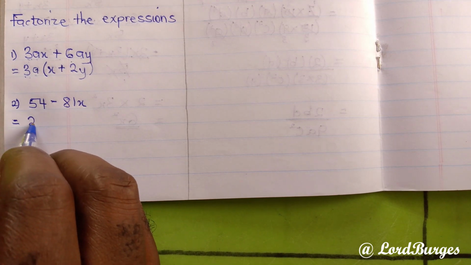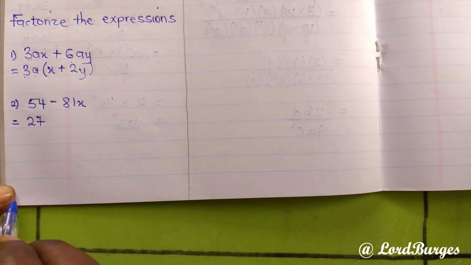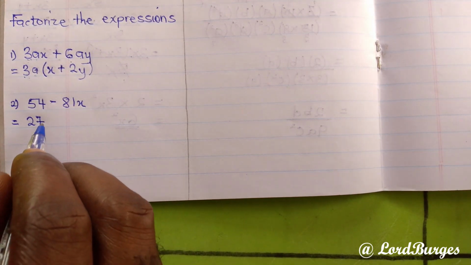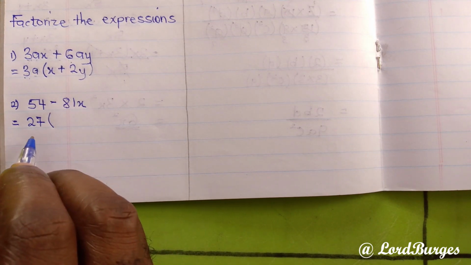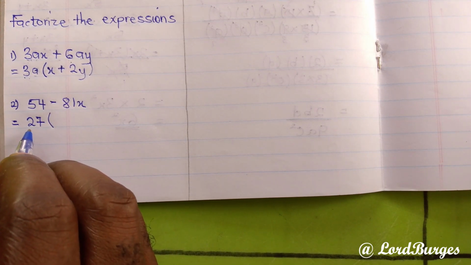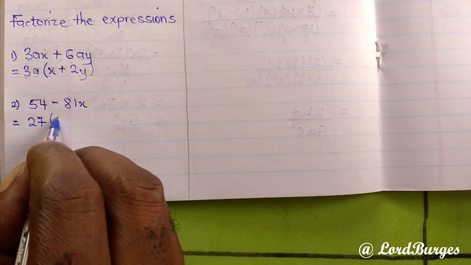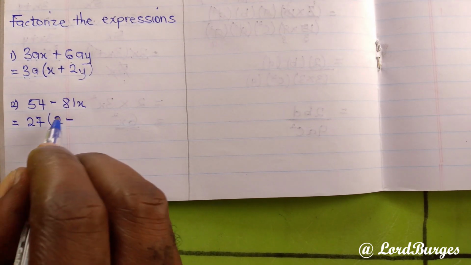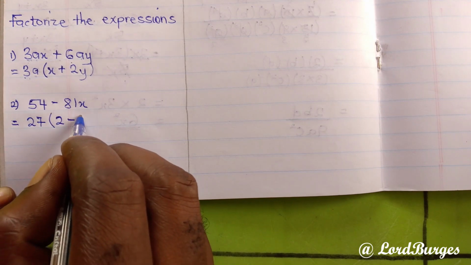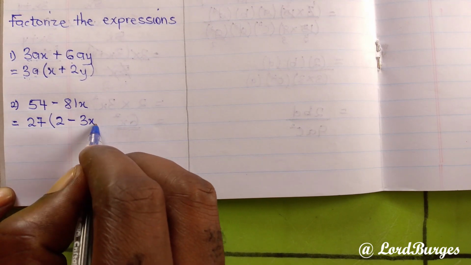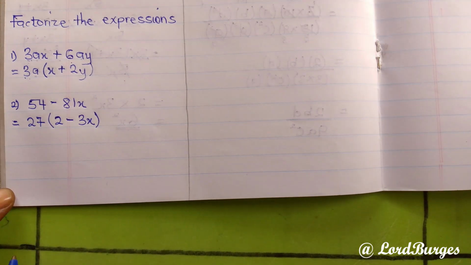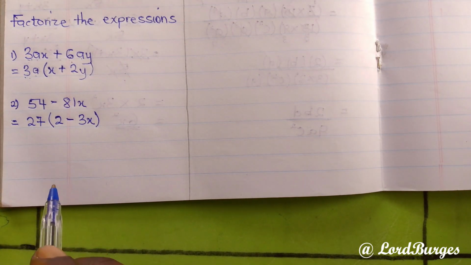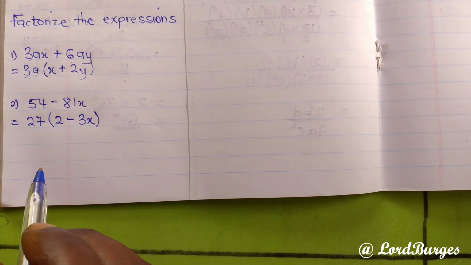So I have my 27 outside. Nothing is common again, so I open my bracket. How many 27's are in 54? That is 2. Take away how many 27's are in 81, which is 3x. So this is my complete factorized form of what I have.